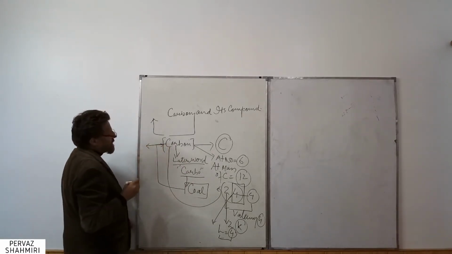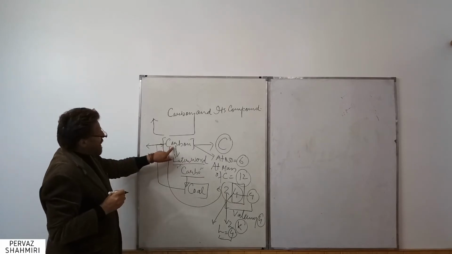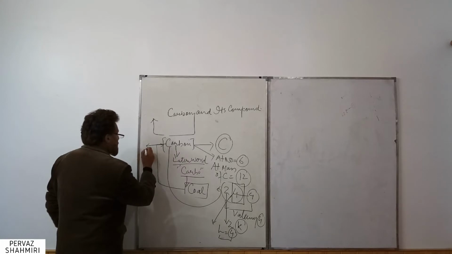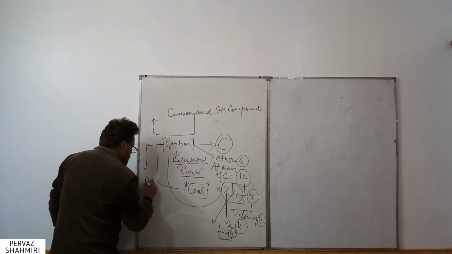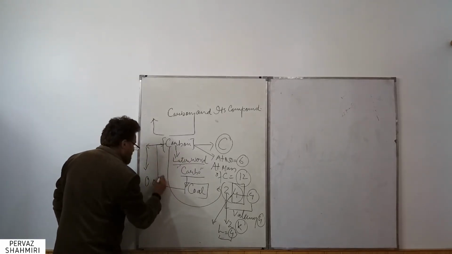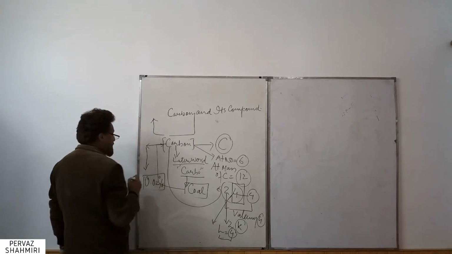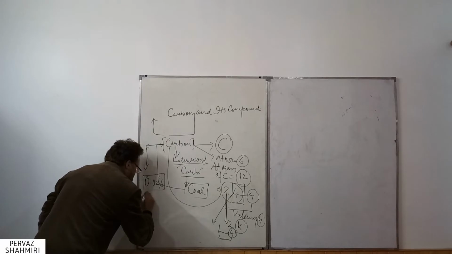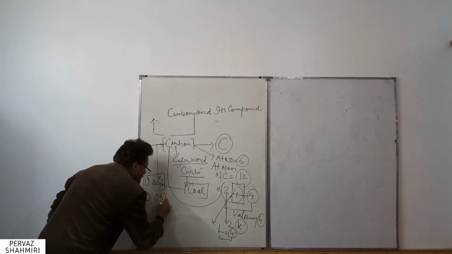Carbon is present in the Earth's crust in the ratio of 0.02%, while in the atmosphere it is present in the ratio of 0.03%.